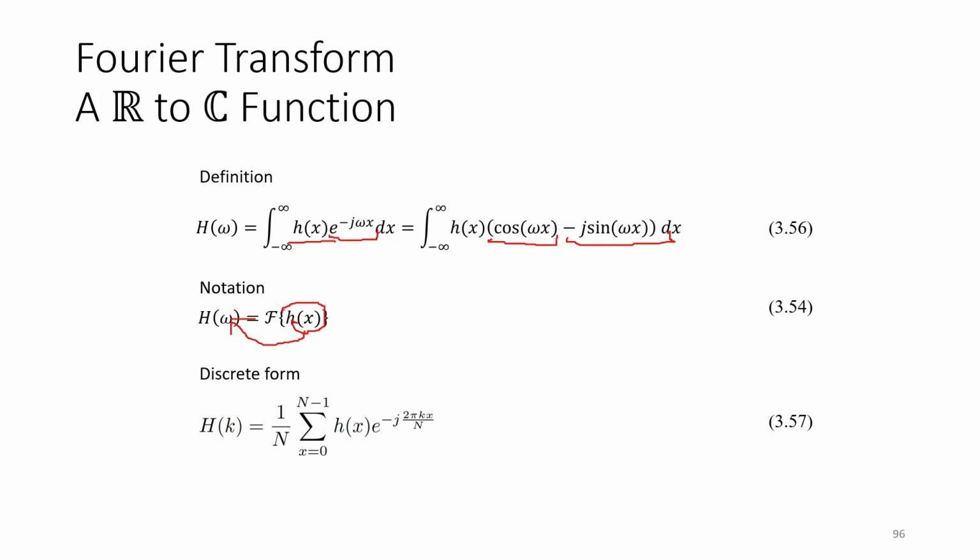And there is a discrete form. For our computer vision applications, we use the discrete form more than the continuous form. So it looks like this, with x from 0 to N-1. Here this is 1D, so it is a sequence.